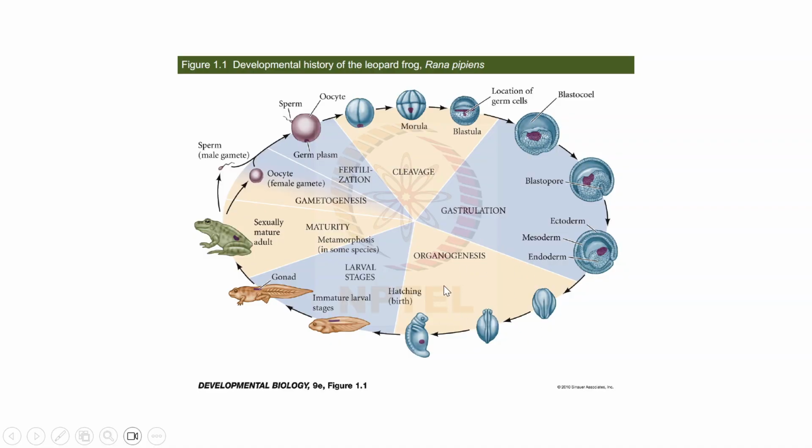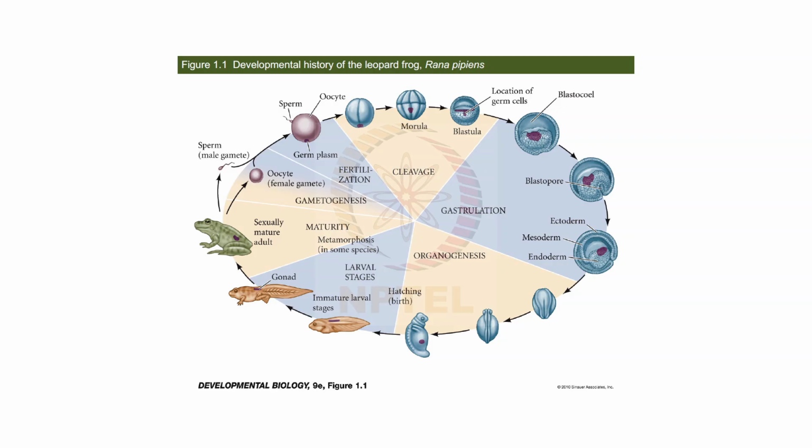And then, reaching a specific stage where it can produce the different organs required for that organism, it underwent organogenesis, and then the different larval stages to attain growth, so that it can again become a sexually mature adult, and that adult can give rise to more of its kind. So this is the whole life cycle of this frog.